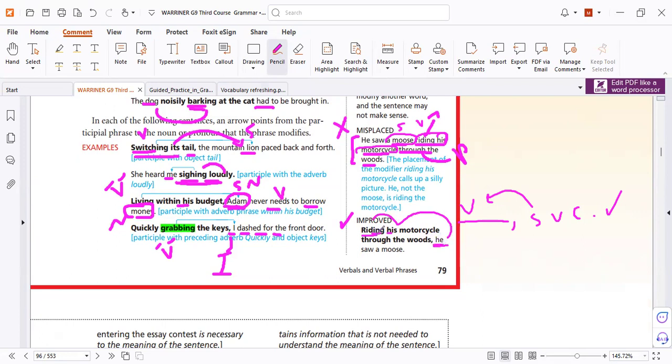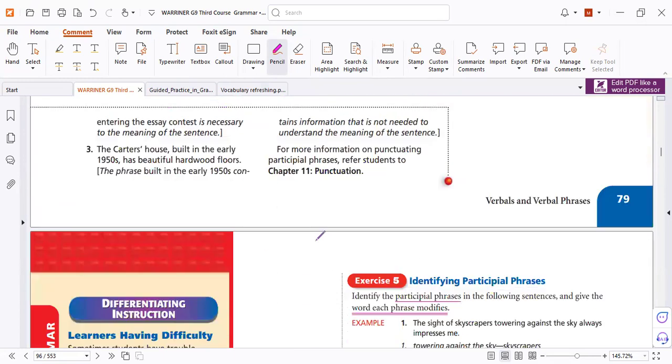He is human, and a human can ride the motorbike, motorcycle. That's why, when he was riding, he saw. Do you understand it? Yes. That's a brilliant job. Now let's go to the next.